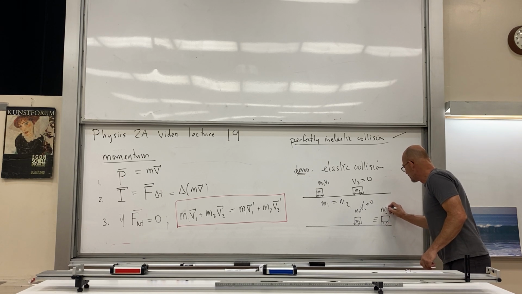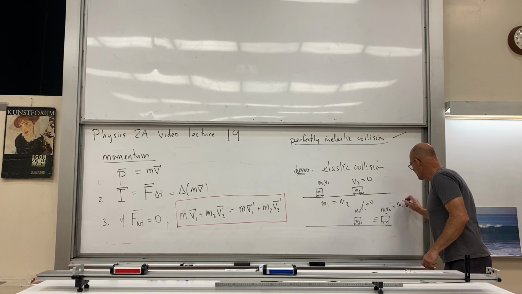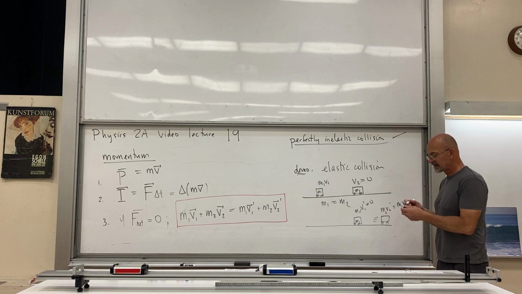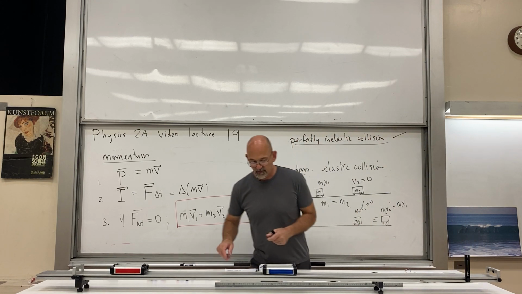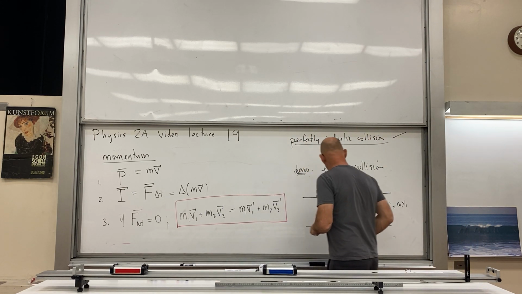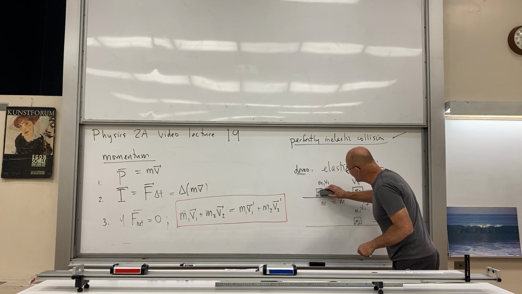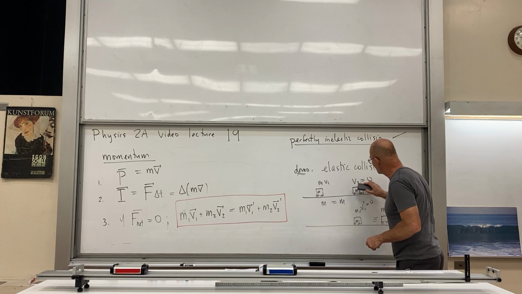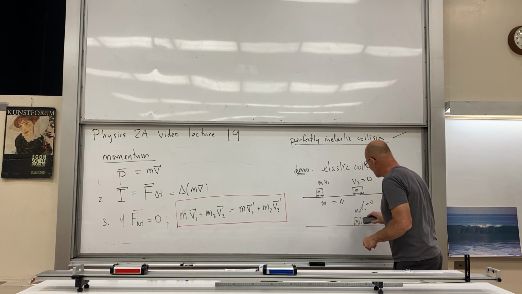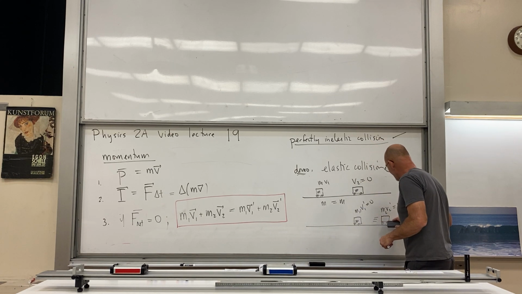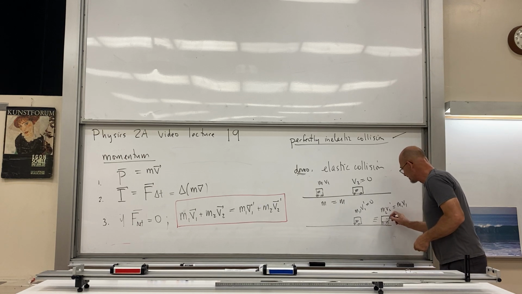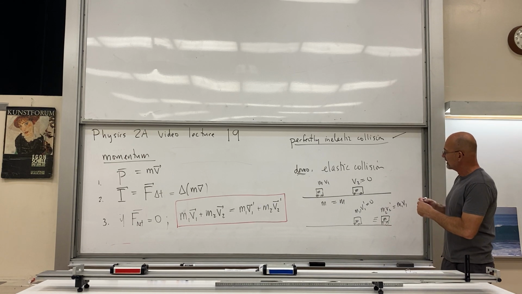M2 V2 prime is equal to M1 V1. In fact, I'm going to make sure this is more clear. Since it was an equal masses demonstration, let's erase all of these subscripts for the masses. Okay. And then we can really specify this.